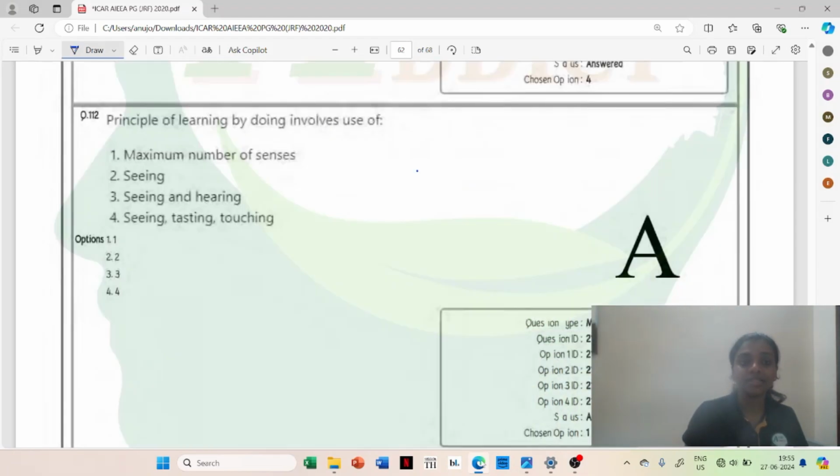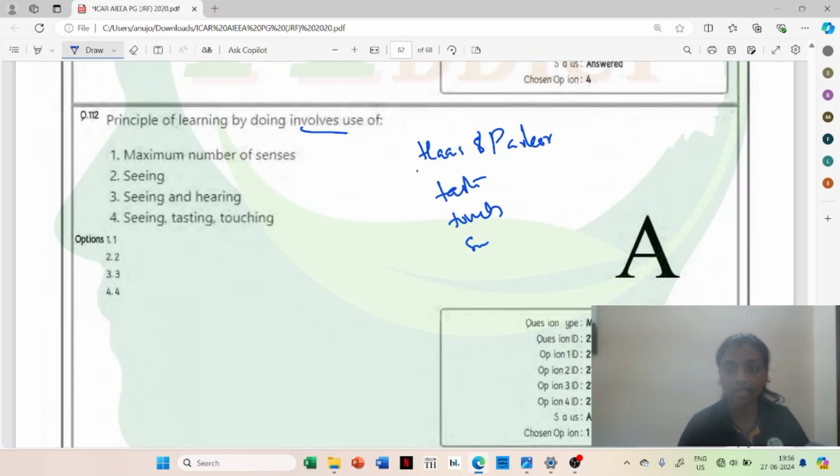So the next question, principle of learning by doing involves use of. So you know, Hasan Parker has identified that learning takes place through different senses, which are taste, touch, smell, hearing and seeing.